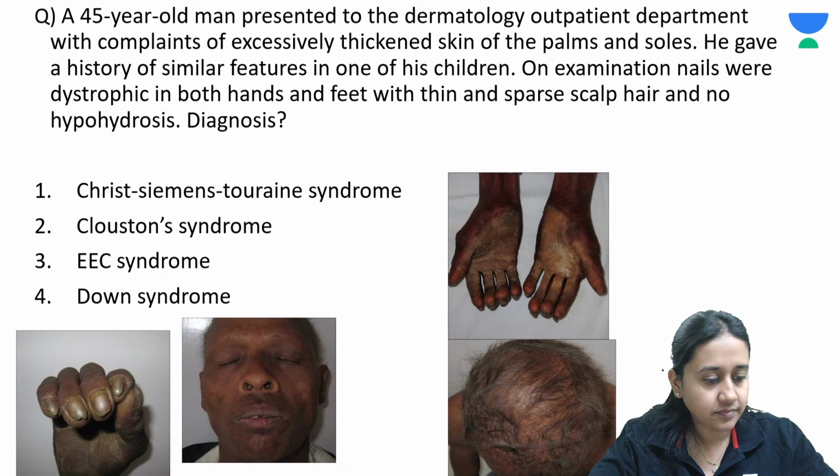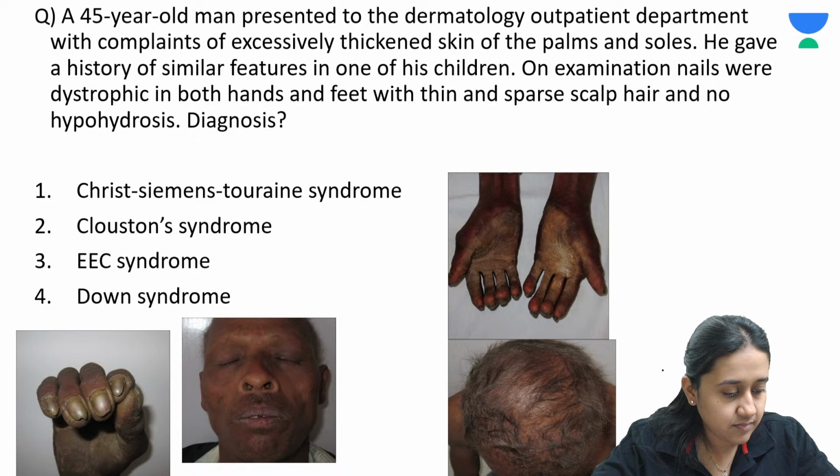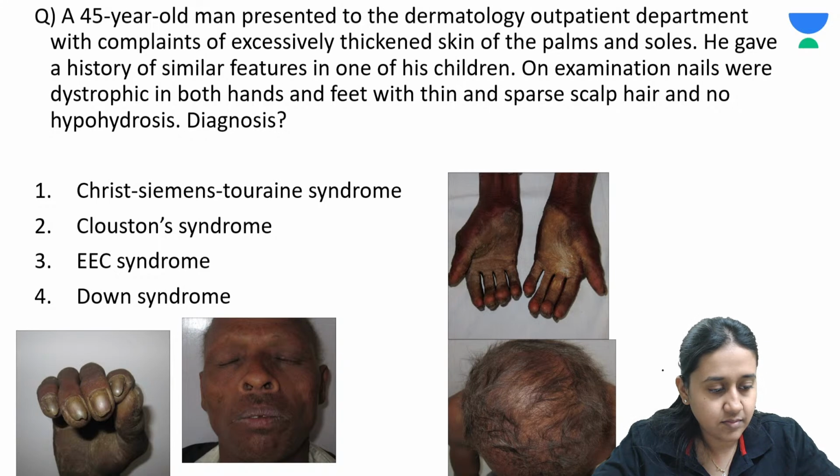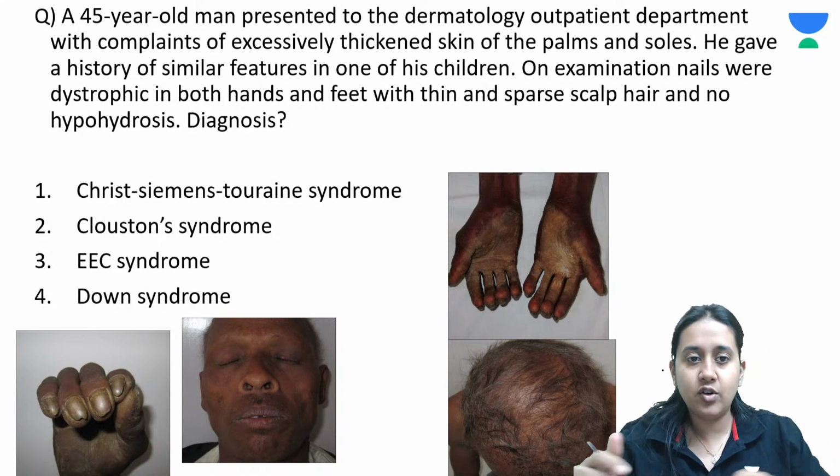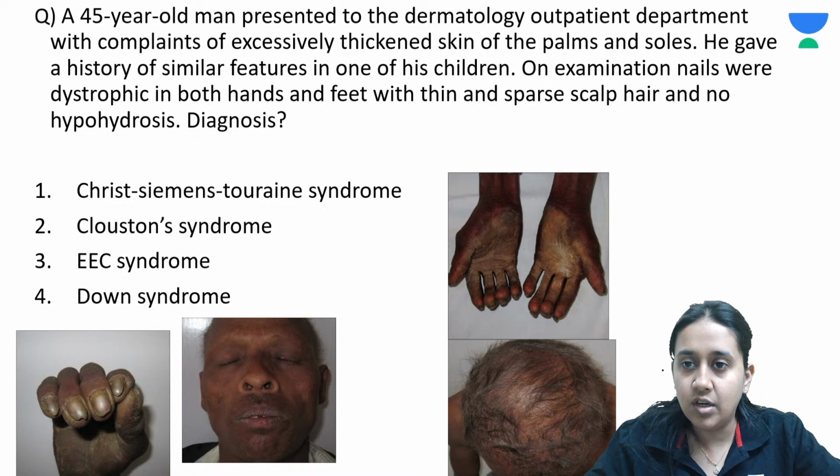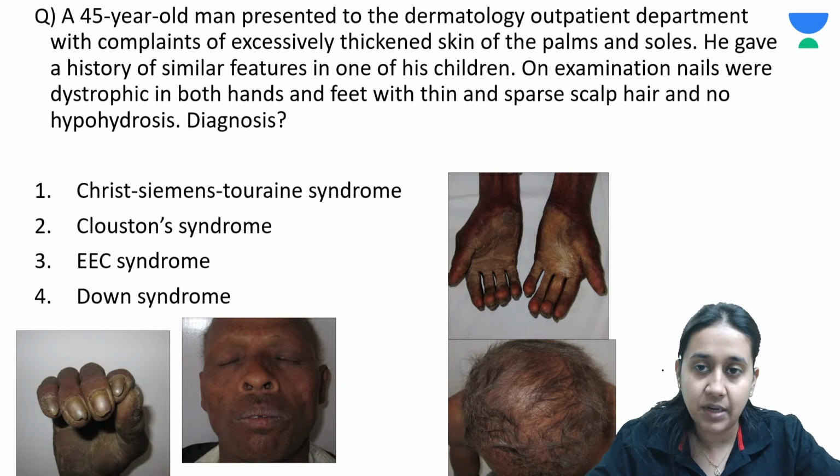Next, what is the answer here? What is the answer of this question? 45-year-old man who presented to dermatology OPD with complaints of excessive thickening of skin of palm and sole.